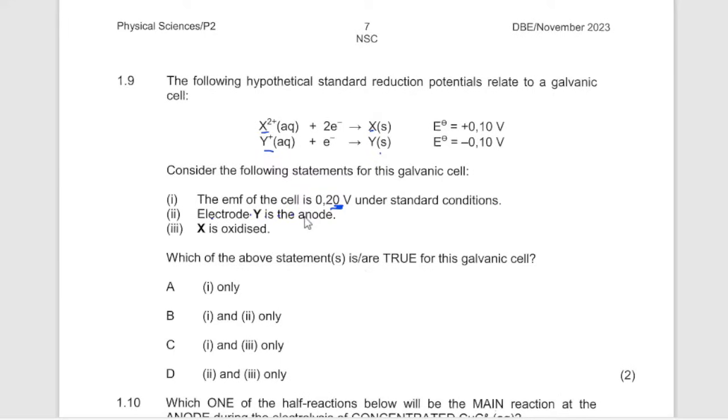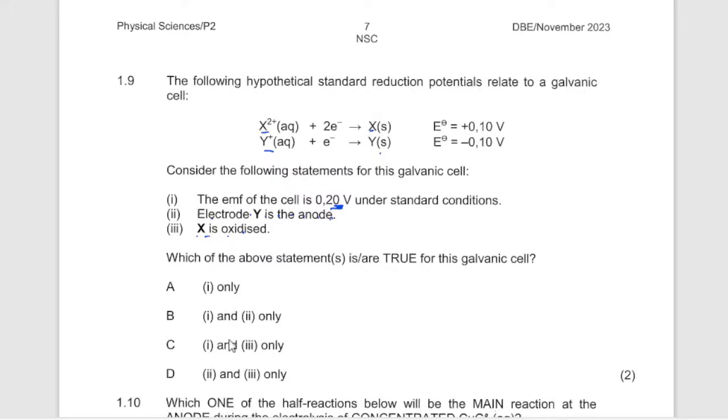Why is it an anode? No, why can't it be an anode? Because X is oxidized.